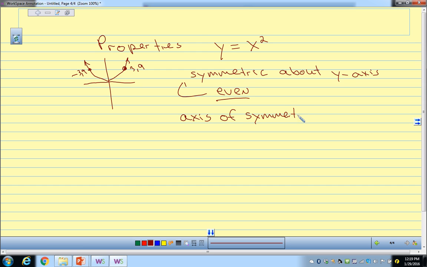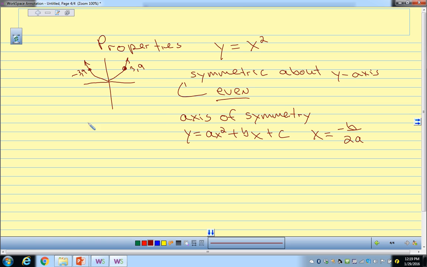And for y equals ax squared plus bx plus c, the axis of symmetry is x equals negative b over 2a. Okay, and we'll do one in a minute. If I want to find the axis of symmetry of a particular parabola, I just plug that in. What's the axis of symmetry of this one?